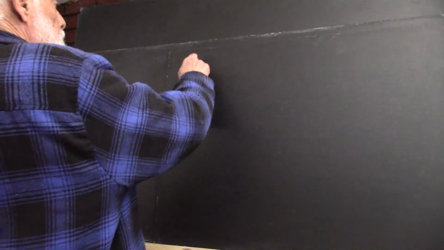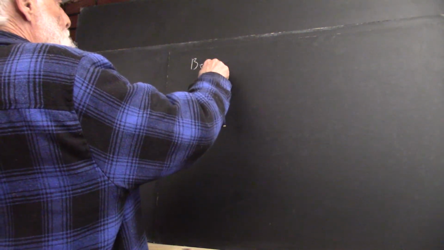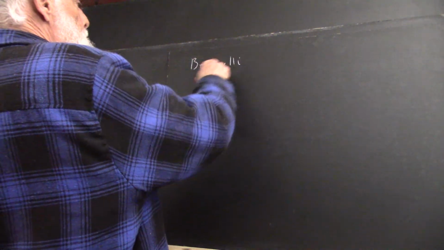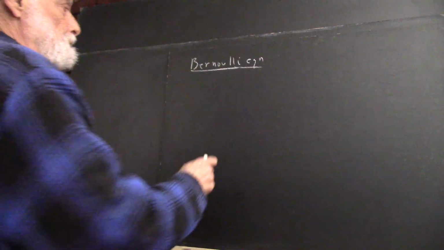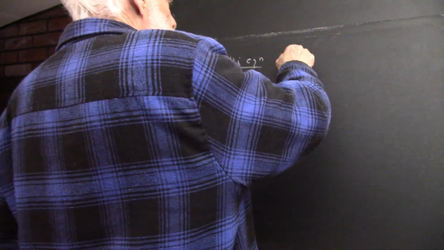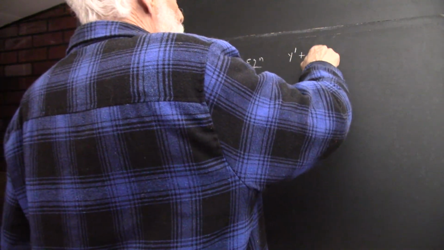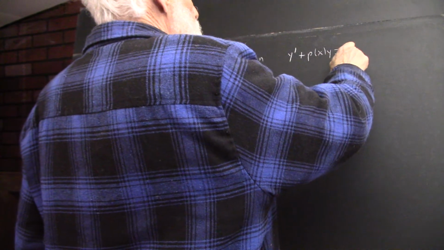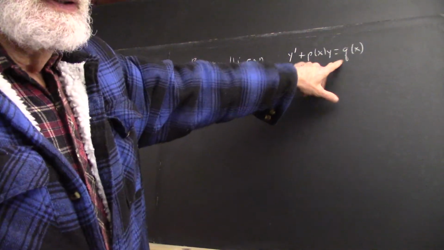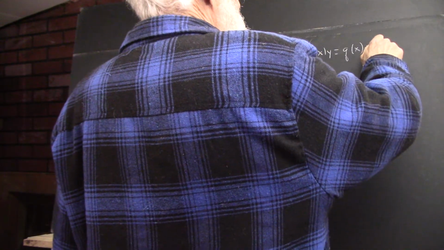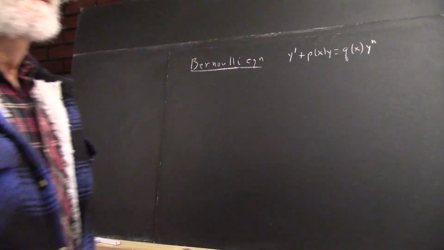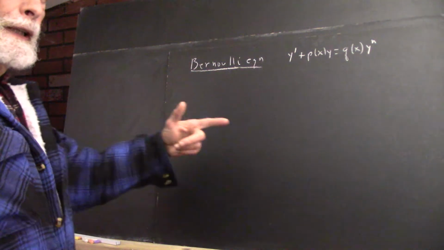Bernoulli equations. Just like a linear equation, okay, right now, that's a non-homogeneous linear equation. You use your integrating factor and so forth. But now you put this y to the n there. And now it's not.